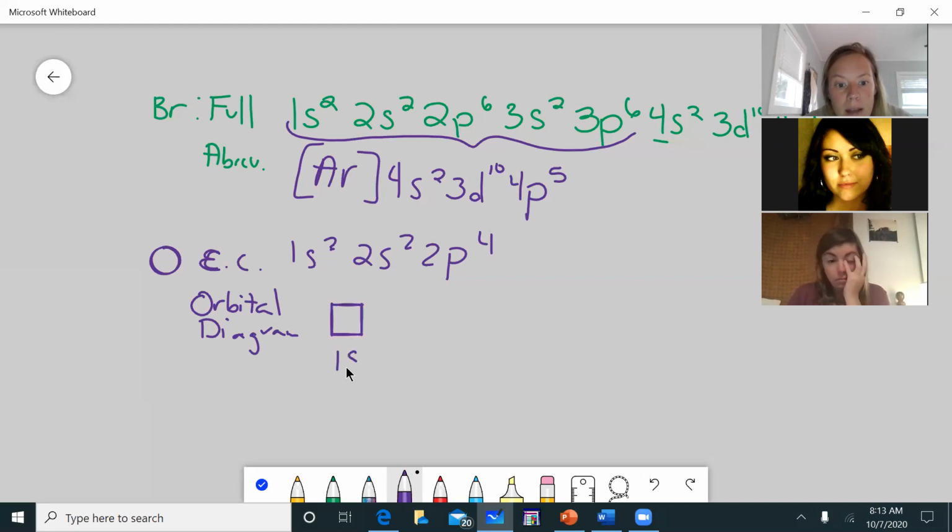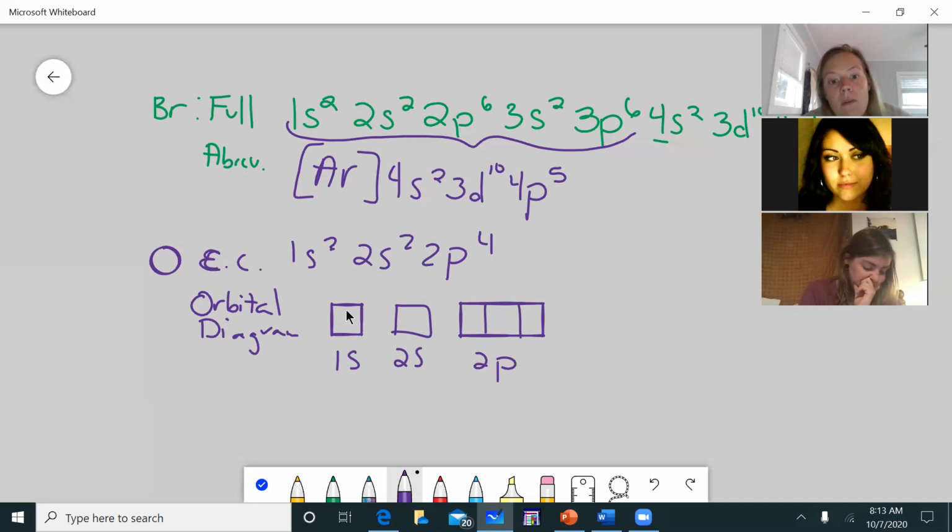So this is the 1s. This is the 2s. And this is the 2p. When filling in the arrows, we're going to fill an up arrow and a down arrow. And fill an up arrow here and a down arrow here.